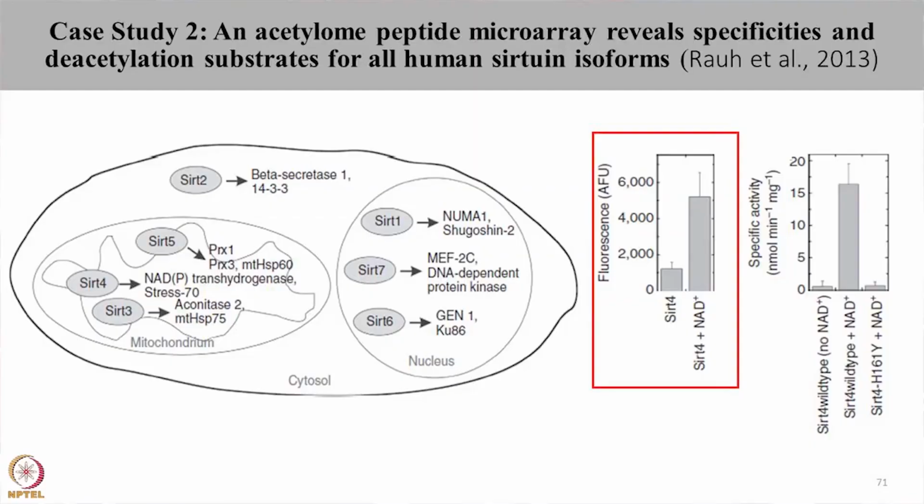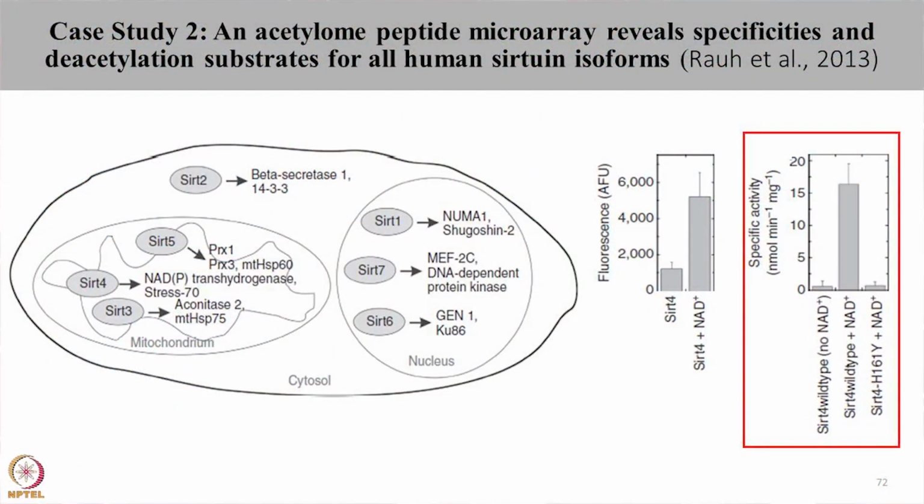In the fluorescence assay, sirtuin 4 showed a low but consistent deacetylation activity upon incubation with NAD. From this study, NADP transhydrogenase stress 70 protein was found to be one of the substrates specific for sirtuin 4.